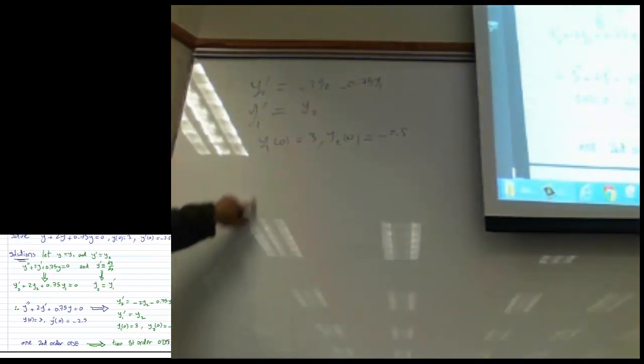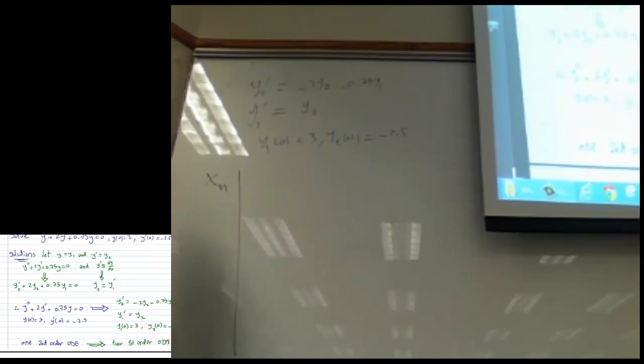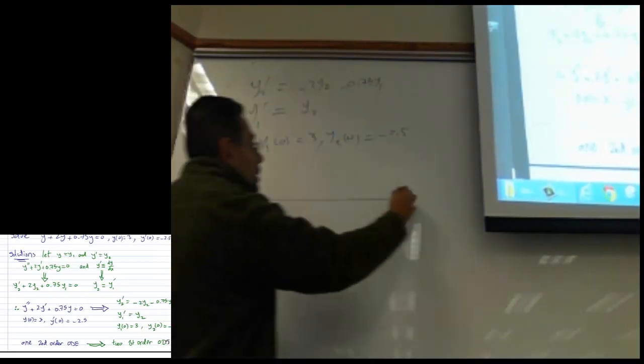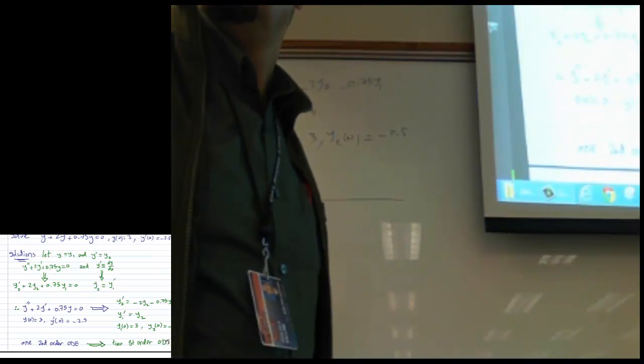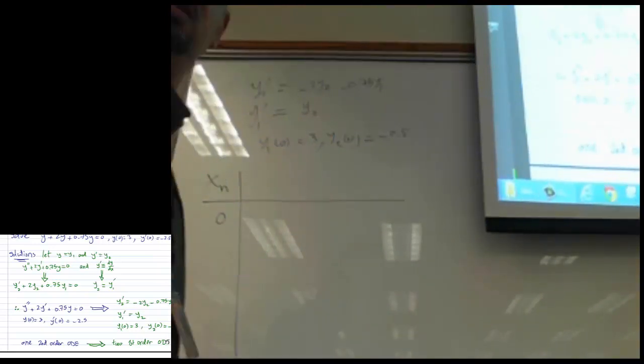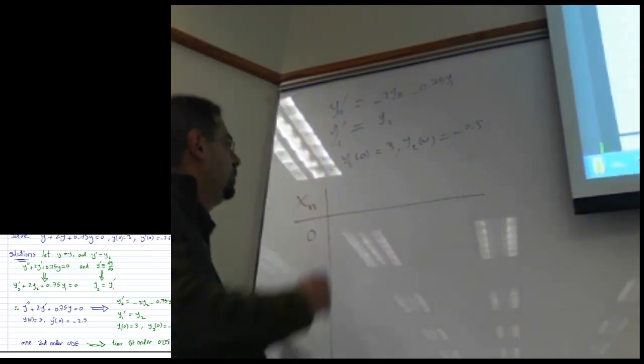How can I solve this using Euler? The easiest thing ever. xn, right? What's my xn? Initially it's 0. And what should I write here?